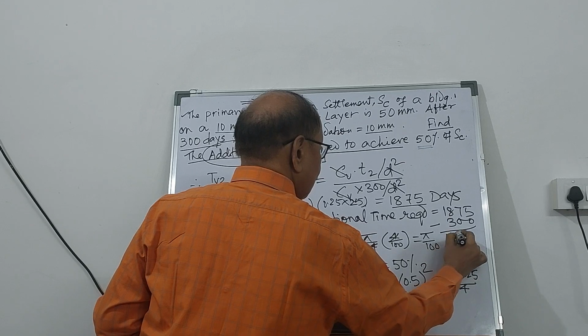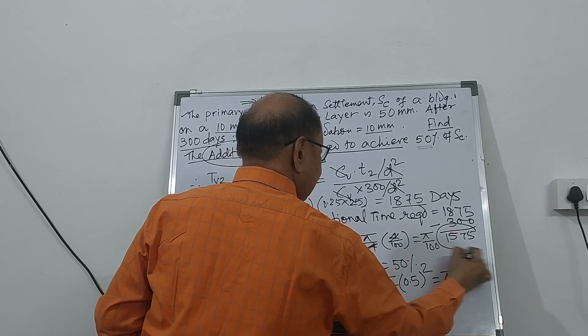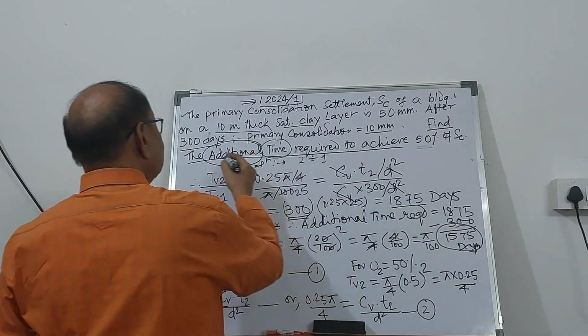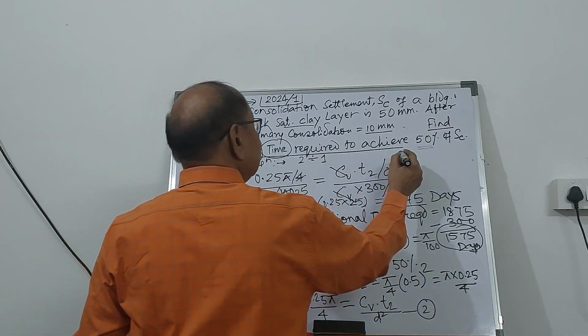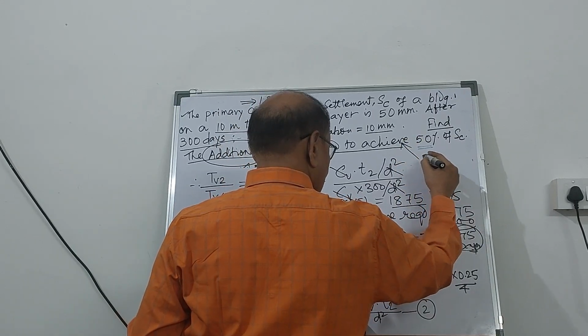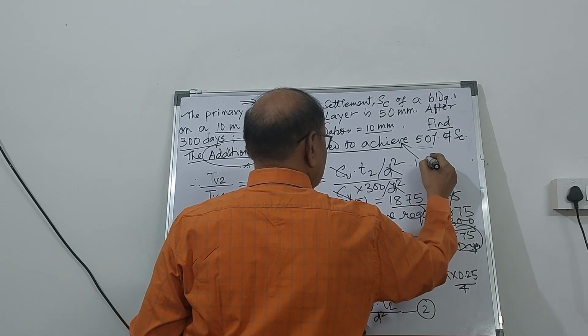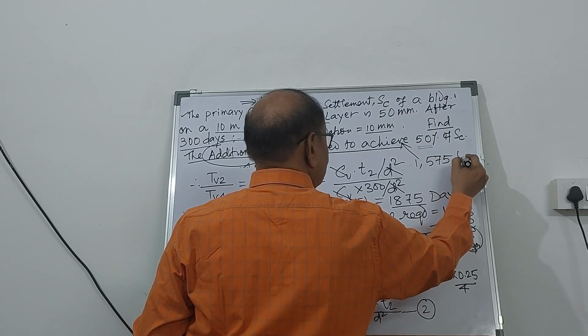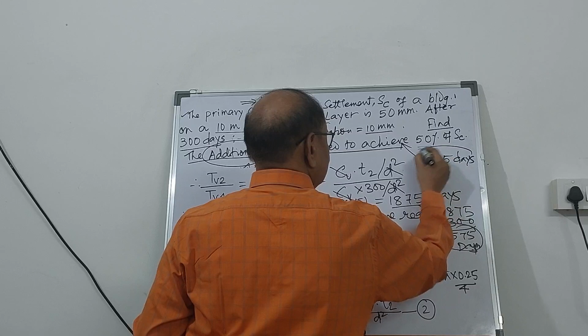So it becomes 1575 days. So the answer, the additional time required to achieve 50% of SC, is going to be 1575 days.